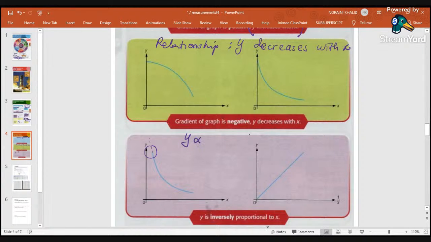The way you write using the symbol is y directly proportional to 1 over x. So if you plot a graph y against x, you get this curve. If you plot a graph y against 1 over x, you will get directly proportional.